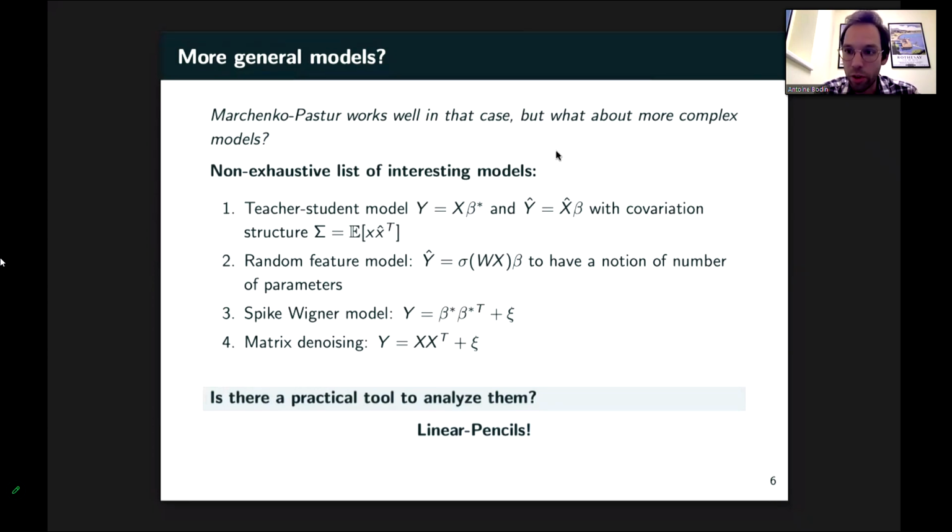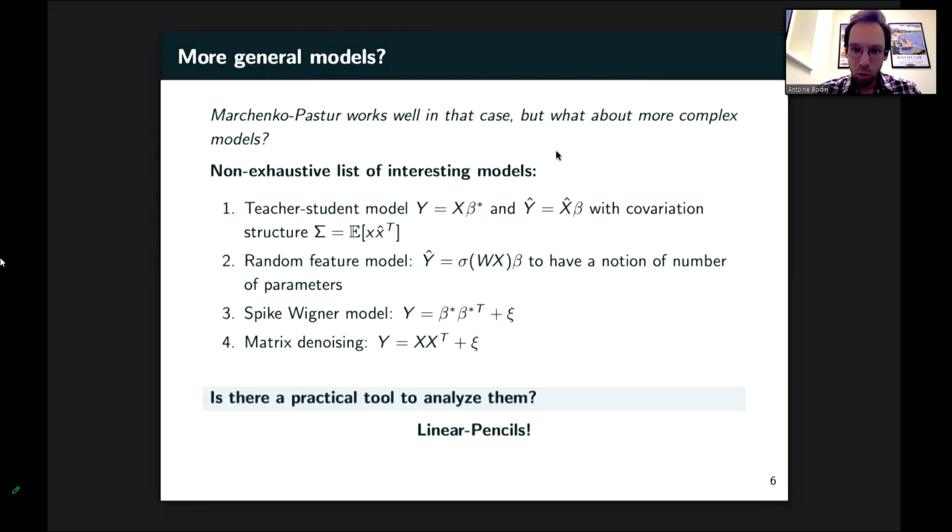And still the same question: can you say anything about what's going to be the high dimensional limit of your model? There are some specific cases that people have been playing around with for a while, like the spiked linear model, and now people try to go a little bit beyond that case with some matrix denoising model.